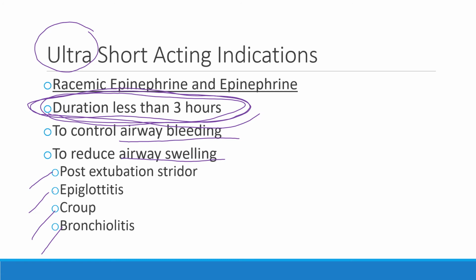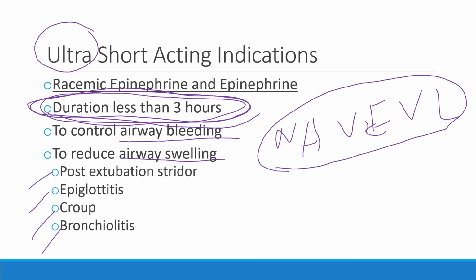There was an acronym called NAVEL: Narcan, atropine, Ventolin, epinephrine, vasopressin, and lidocaine. Those are things you could instill directly down the airways.